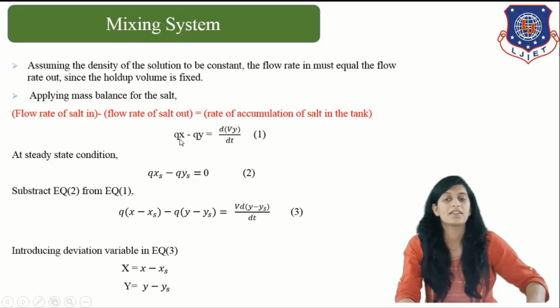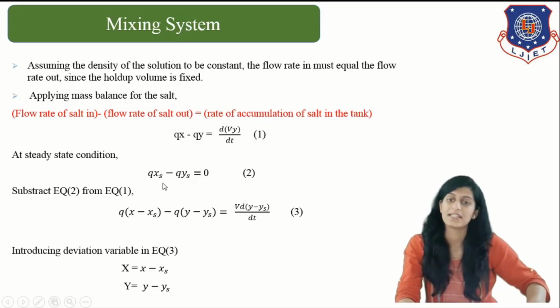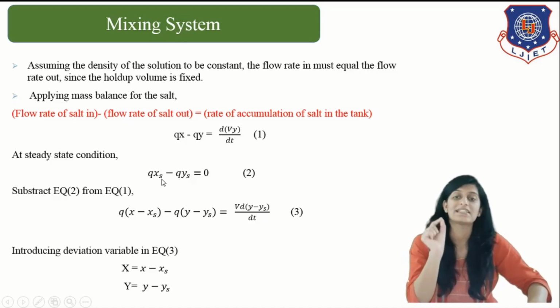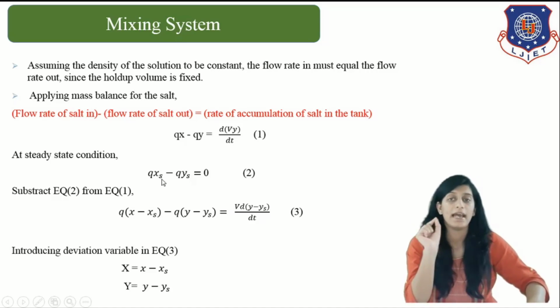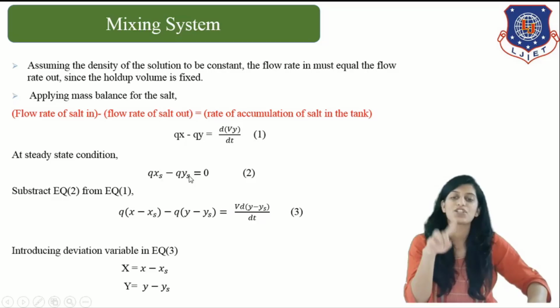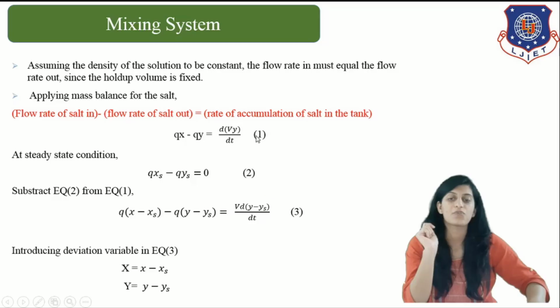So this can be written as Q x_s, that is the concentration of salt at steady state at the inlet, minus Q y_s, that is the concentration of salt at the outlet at steady state, equals 0. Now subtracting equation 2 from equation 1, you get this equation: Q(x minus x_s) minus Q(y minus y_s) equals V d(y minus y_s)/dt.